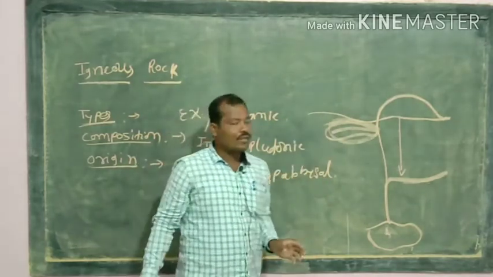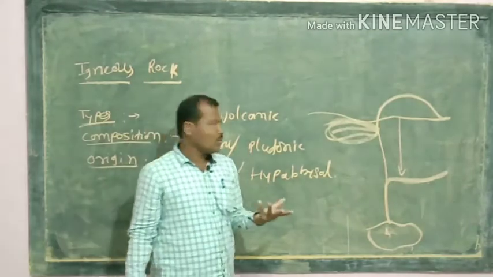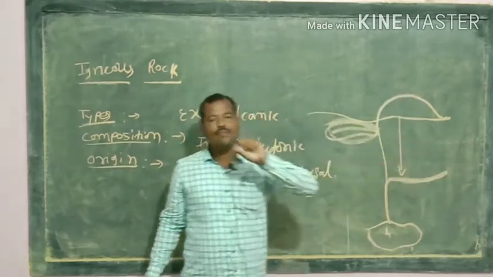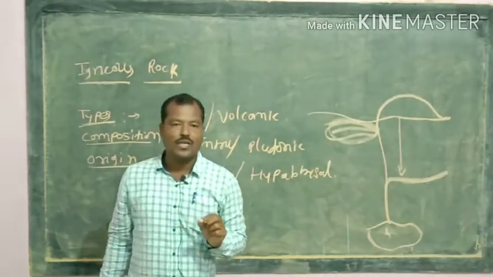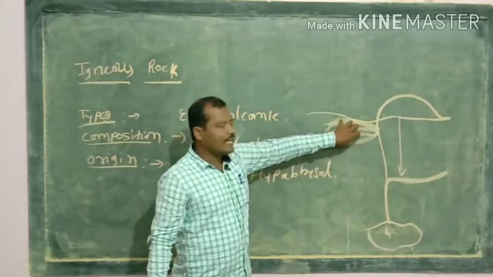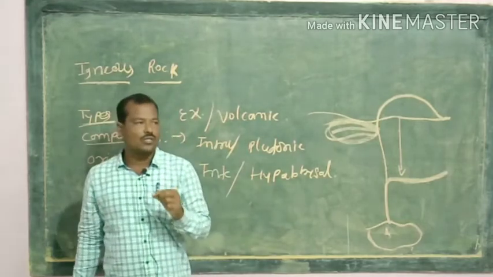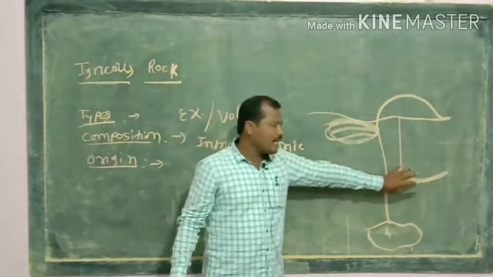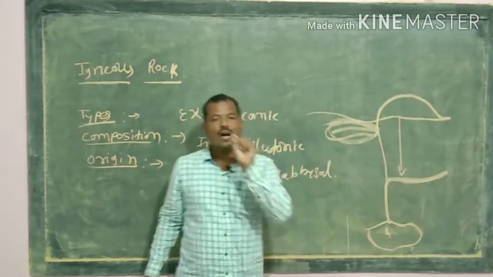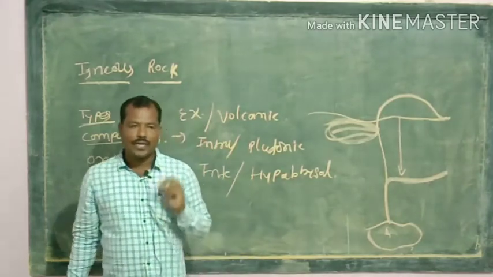These three rocks have different temperature and pressure conditions. Depending upon these conditions, extrusive rock has very fine grains of crystals, while the hypabyssal rock has medium sized grains of crystals, while the intrusive or plutonic igneous rock has very large crystals because of the cooling condition of the magmatic material.